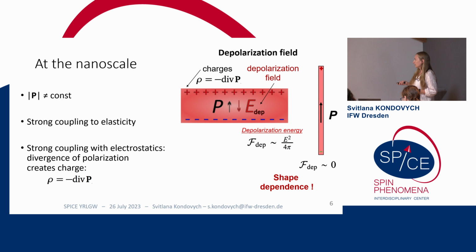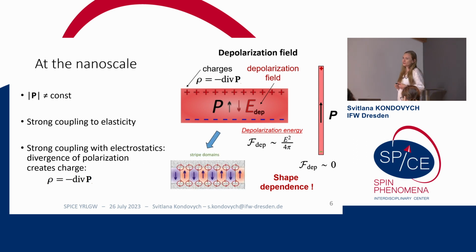But actually, it was predicted theoretically about 20 years ago that quite a similar thing to the magnetic situation will happen: at the nanoscale, the configuration of interactions will favor the creation of striped domains.